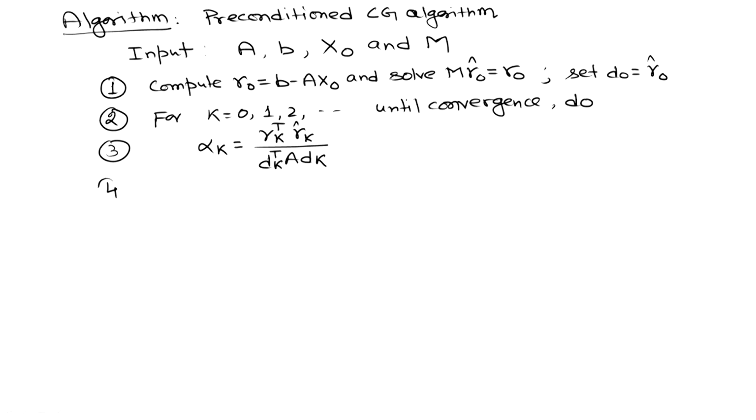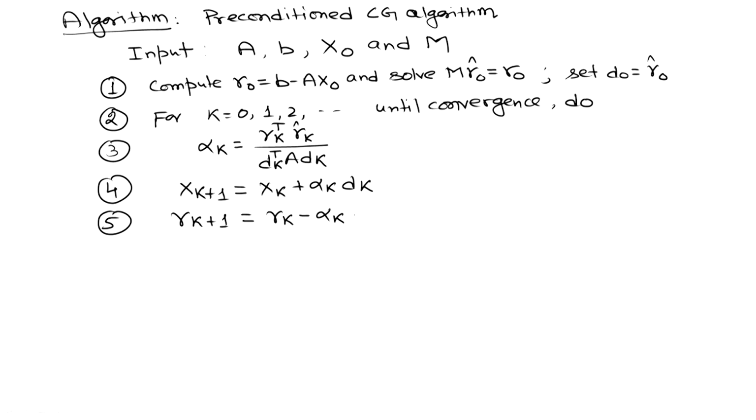The fourth step is to update x as x k plus 1 equals x k plus alpha k d k. Once you have x k plus 1, calculate r k plus 1, which is r k minus alpha k A d k.